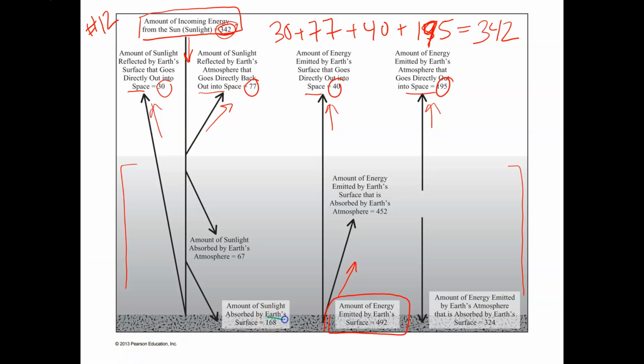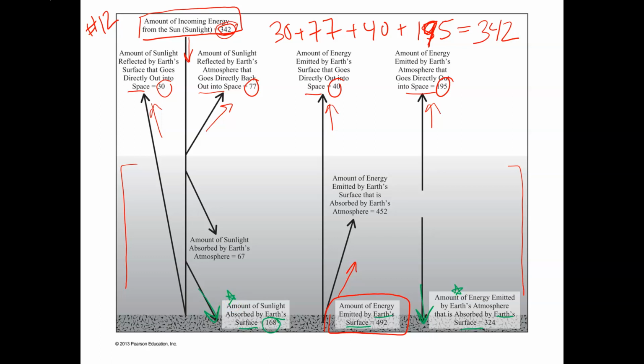We're looking for light that heats the Earth's surface. So we need to look at the arrows that go down towards the Earth's surface. We have two of them. We have this one and we have this one.